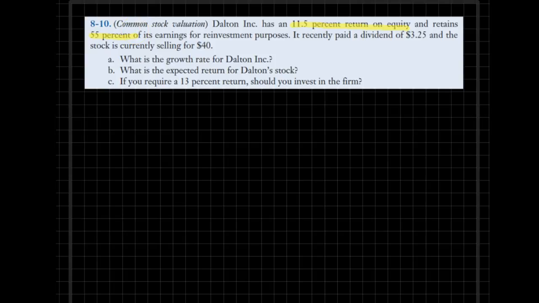Now, why are we given these facts? The primary reason is to figure the growth rate, and sure enough, the first part of the problem is about that. So let's go ahead and make the simple calculation to figure the growth rate of the dividends for this common stock.